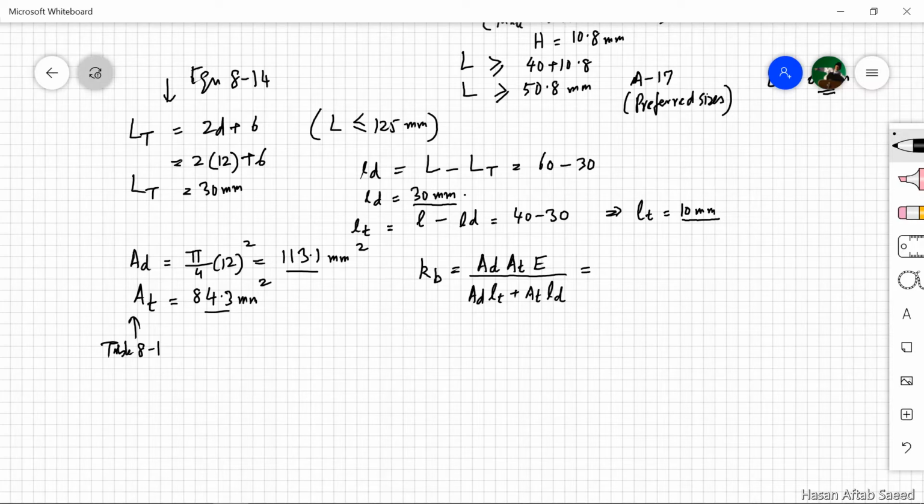So putting in all the values, this is steel, so steel has a Young's modulus of 200 GPa.